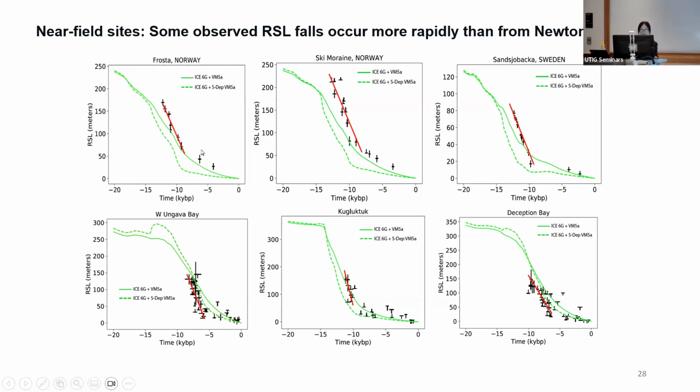We can see they indeed have a very rapid sea level fall at some of those sites, where the slope is more similar to the non-Newtonian rheology predictions. They have some offset between the model and the non-Newtonian. Maybe it is caused by the ice model I used.